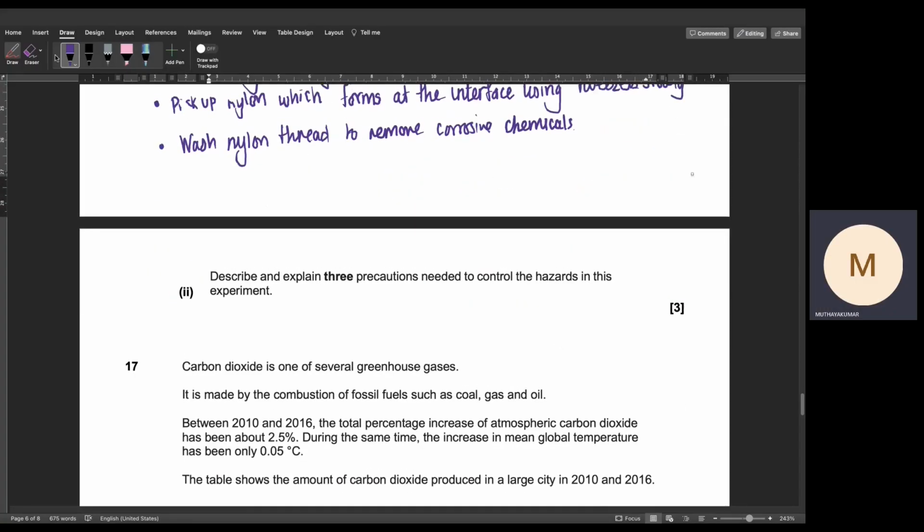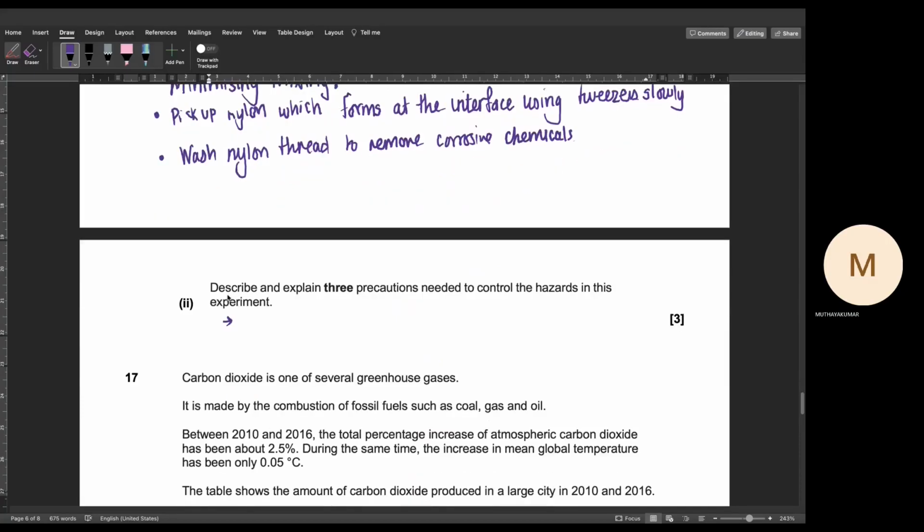Okay, next, as I mentioned, you need to also be able to describe the safety precautions. So describe and explain 3 precautions needed to control the hazards. Since the chemical is flammable, as mentioned, avoid any sources of ignition, such as naked flames.